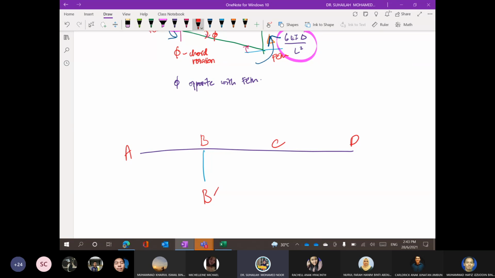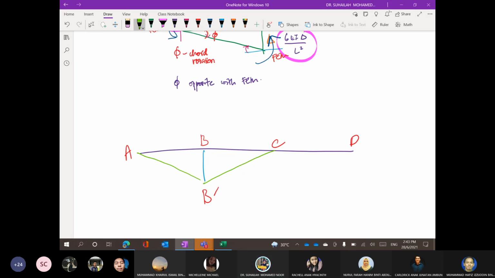C remains the same, D remains the same. So we will now have two triangles for the settlement. Here is the first one, and then we have another one like this.